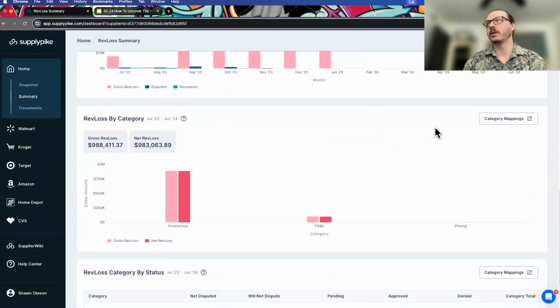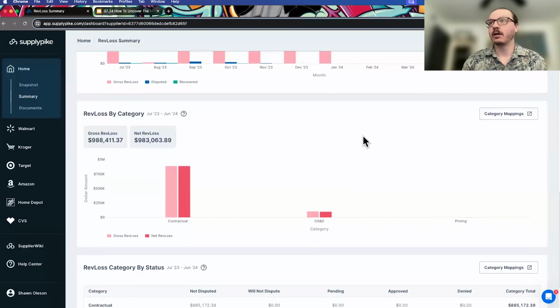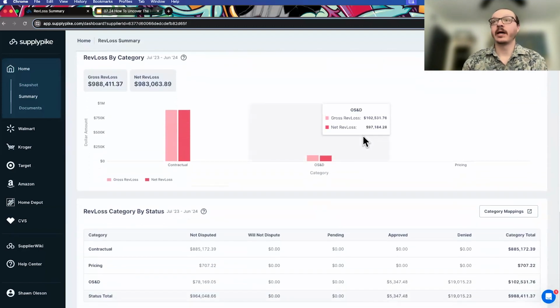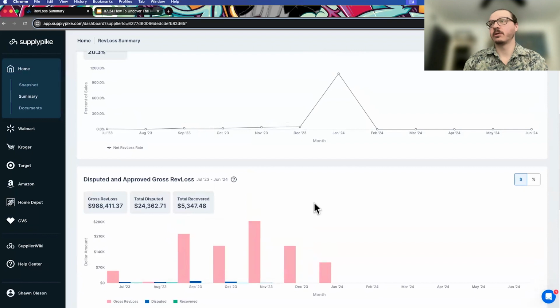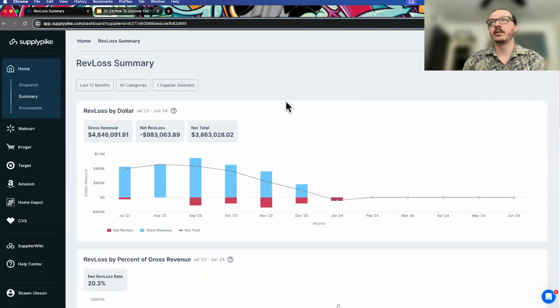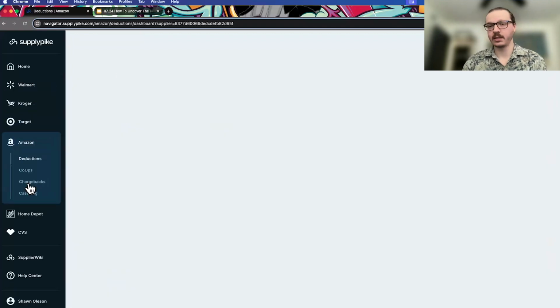This is something that we can also customize and map so that it aligns more with the vendor supplier's own internal mappings of revenue loss. From a super high level, so macro trend, we can understand how deductions are impacting our business over time from the lens of these different revenue loss buckets, but also in terms of total revenue loss to the business, tracking trends, as well as recovery. And then it gives you the ability to drill super deep and granular into each and every retailer.